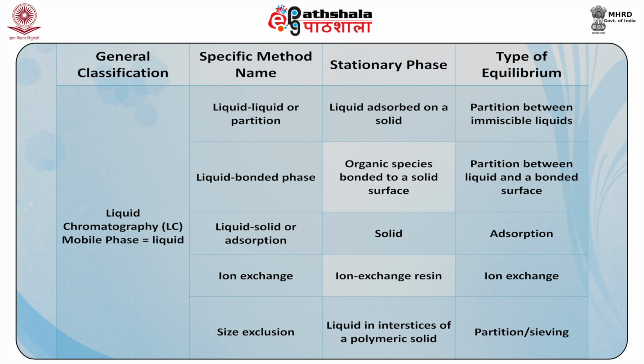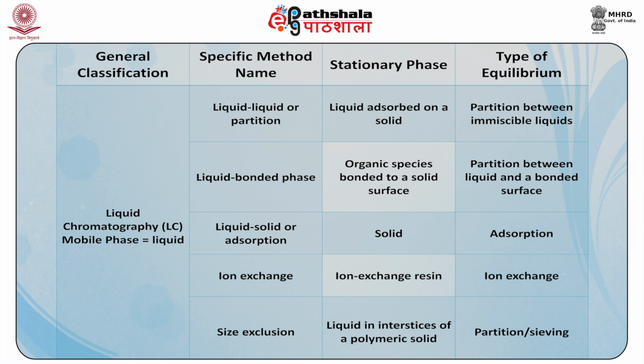First is liquid-liquid or partition, where the stationary phase is liquid adsorbed on a solid, and the type of equilibrium is partition between immiscible liquids. Next is liquid bonded phase, where the stationary phase is organic species bonded onto a solid surface, and the type of equilibrium attained is partitioning between liquid and a bonded surface.